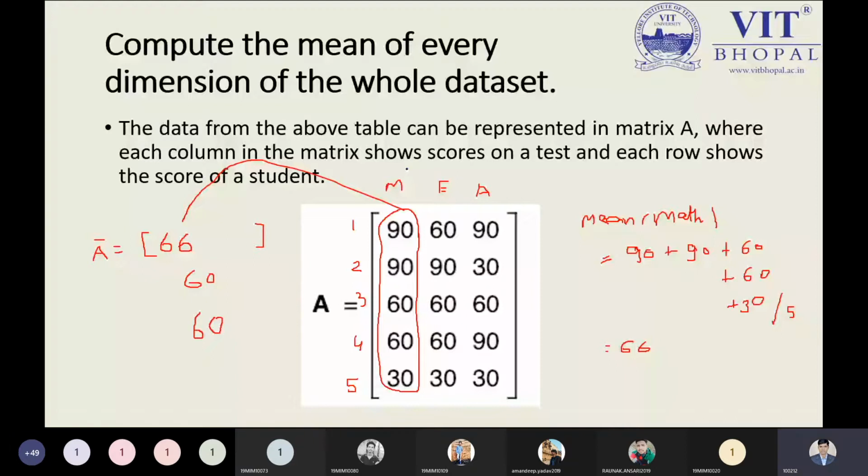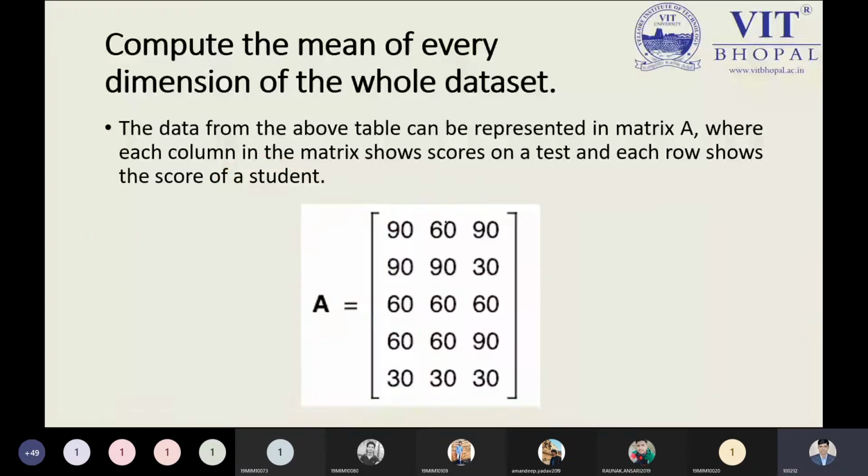We must have the mean. Now listen. Compute the mean for every dimension of the whole data set. And why? Because we have to find the variance and covariance. So what is our important step?